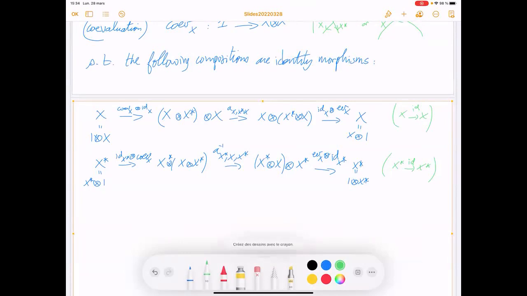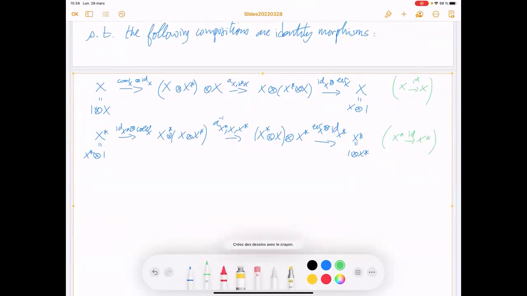So picture, pictorial representation called zigzag relation.